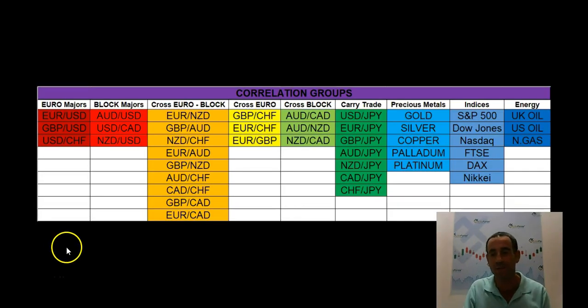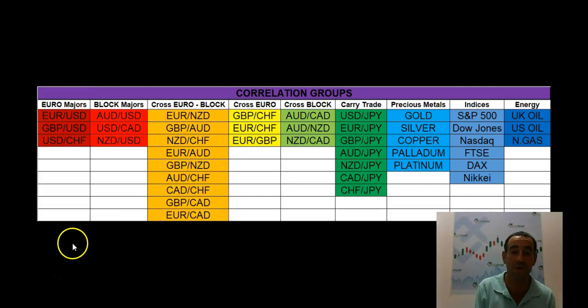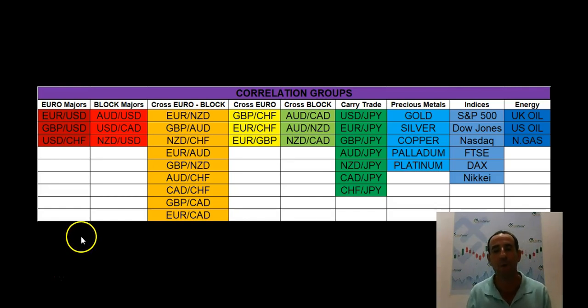All right, guys. So this is my personal definition for the correlation analysis. I'm talking about 8 different groups that I feel have low level of correlation between them, where within the group itself, the different assets have high correlation between them.